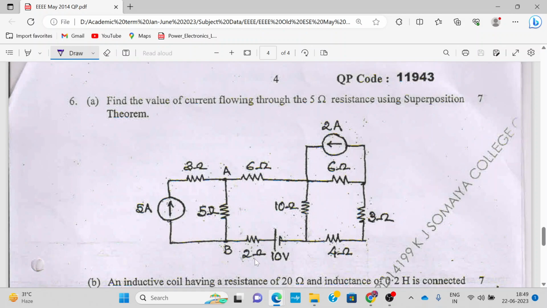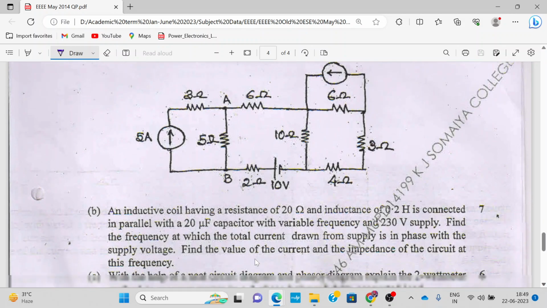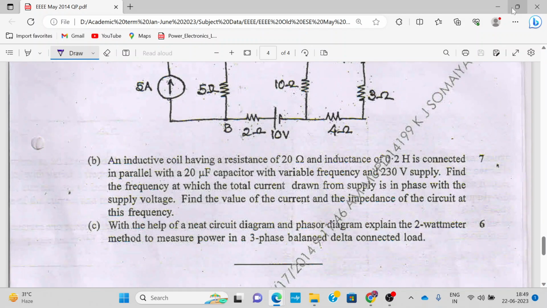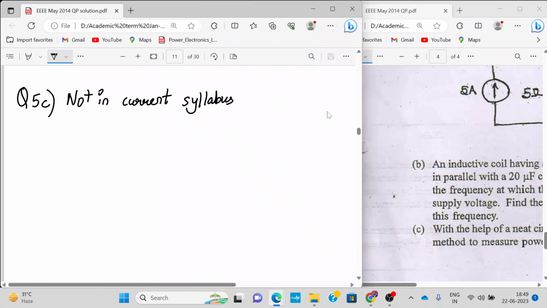Superposition theorem we have solved before, so this can be easily solved. So we'll solve 6B first. This is the way you need to take a judgment call. No one is going to question or judge you on the fact that you have not solved the questions in order. So 6A we will solve later, no problem at all.